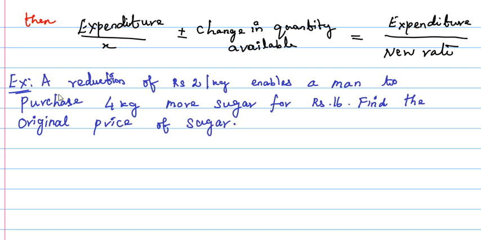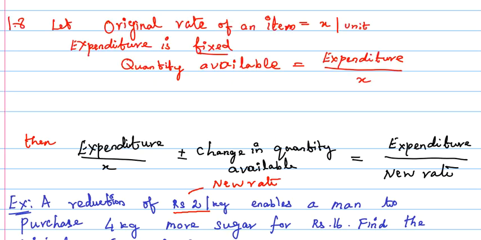So here, the question: a reduction of rupees 2 per kg enables a man to purchase 4 kg more sugar for rupees 16. Find the original price of sugar. So here, this is the new rate.